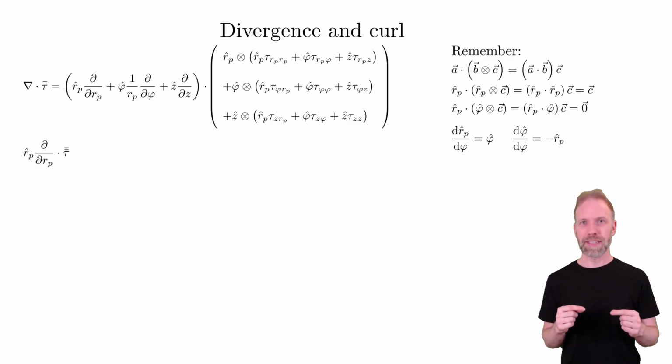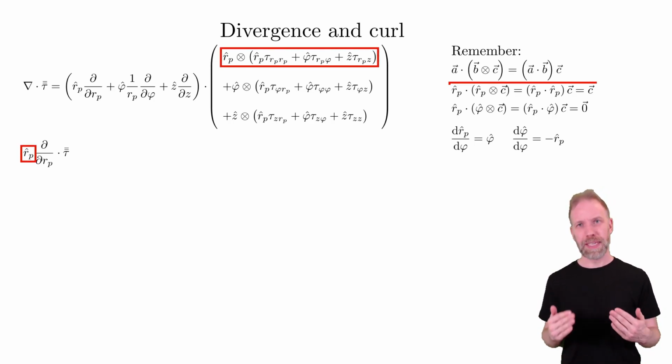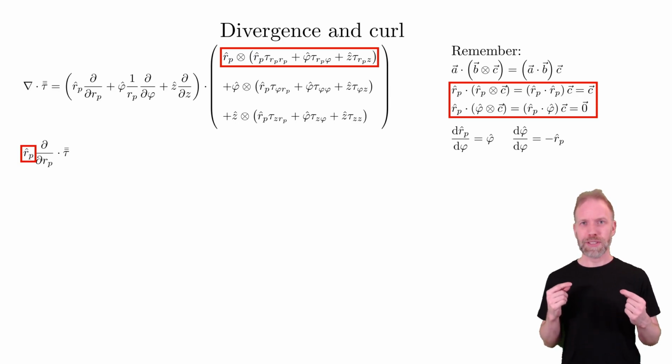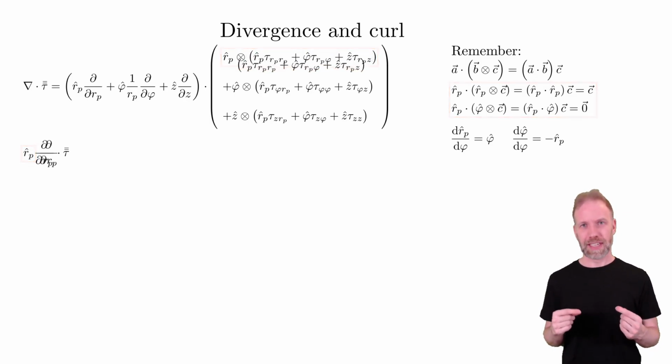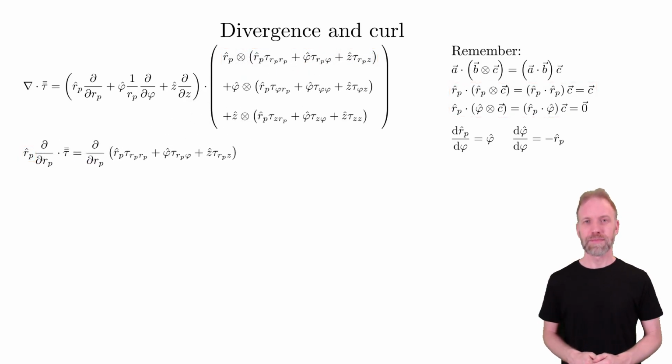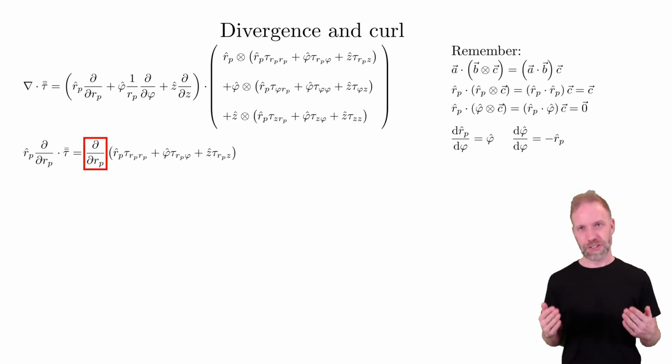Start with rp hat d d rp dot the tensor. As no unit vector depends on rp, it will only be those terms that start with rp hat that will give a contribution. After the dot product, we get the following. Distribute the partial derivative.